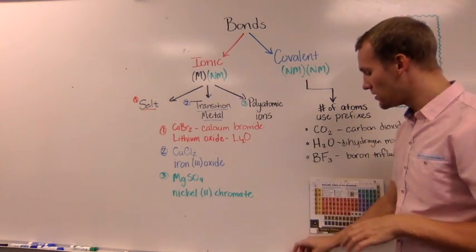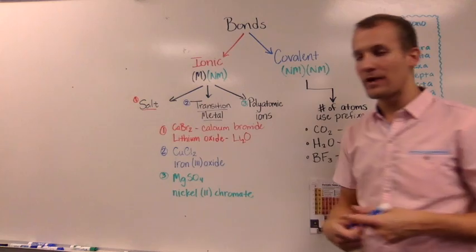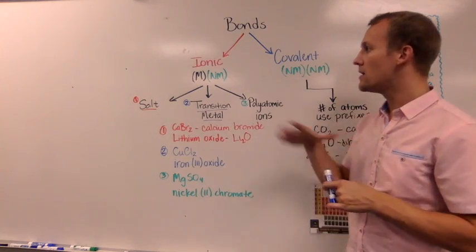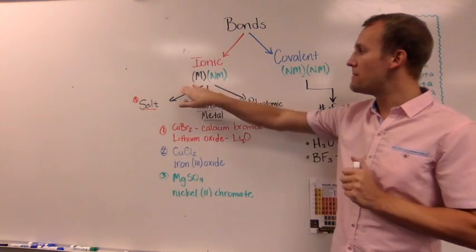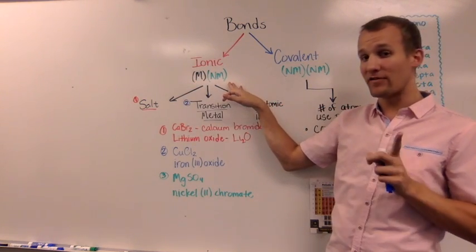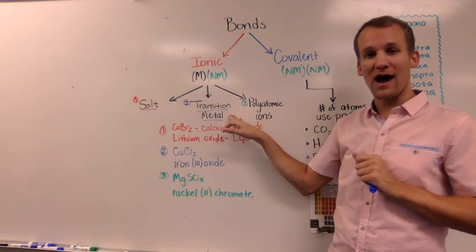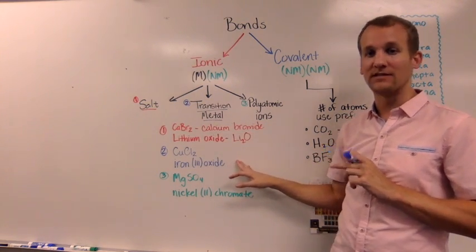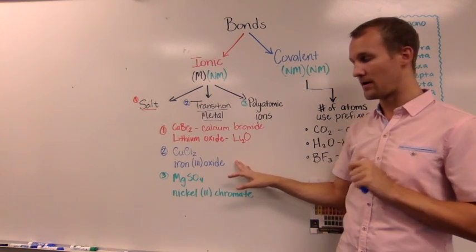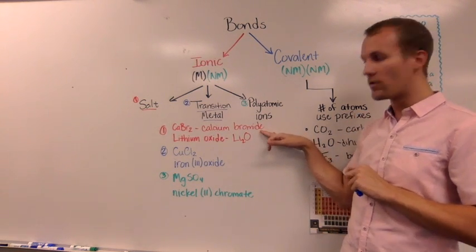Now, if we look in the center, we have a new scenario. We still want to make sure that our bond is an ionic bond, so still between a metal and a non-metal. However, in this case, if we have a transition metal as part of our compound, then something special has to happen. We can't just go straight forward like this.